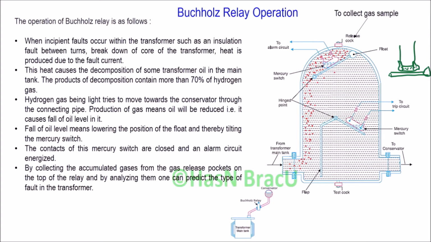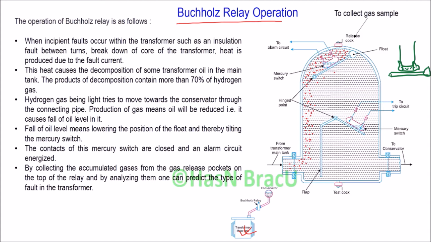Now the operation of Buchholz relay. When incipient faults occur within the transformer, such as an insulation fault between the winding turns or breakdown of core of the transformer, then heat is generated due to the fault current. This heat causes the decomposition of some transformer oil in the main tank, and this decomposition of oil contains more than 70% of hydrogen gas.